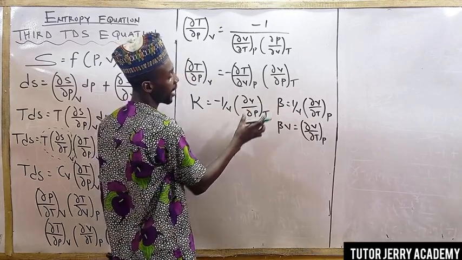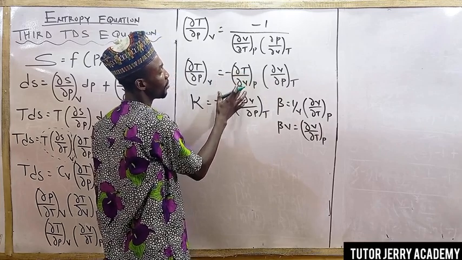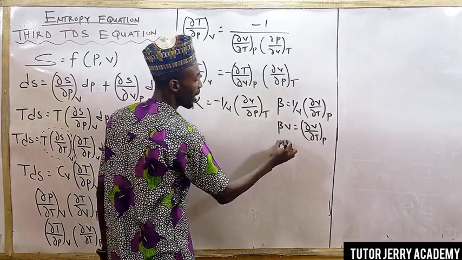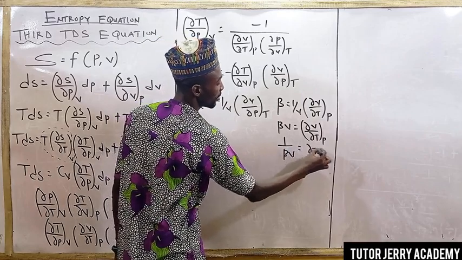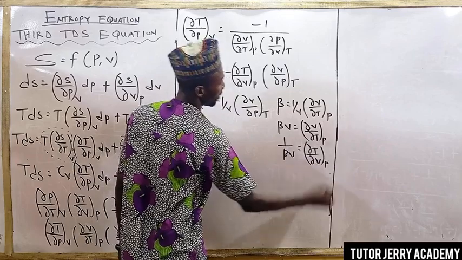So for us to have the partial derivative of T over the partial derivative of V here, I'll take the inverse. So I'm going to have 1 all over beta V equals the partial derivative of T all over the partial derivative of V, keeping P constant.